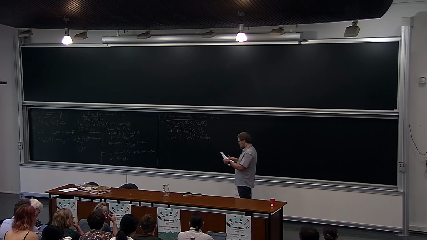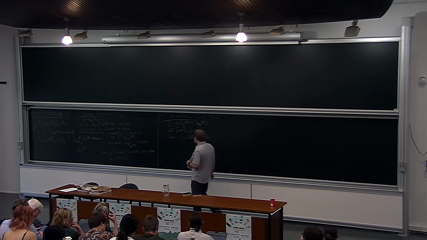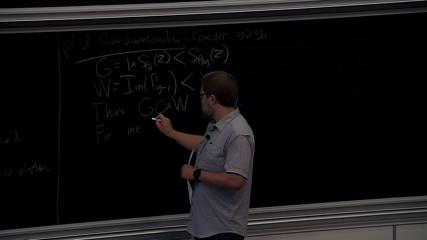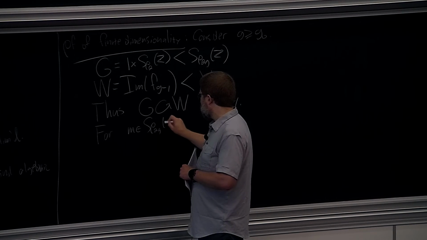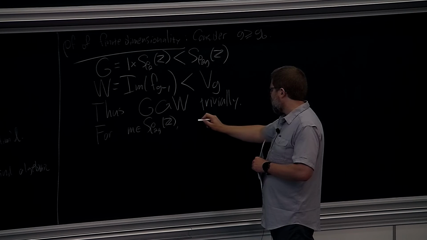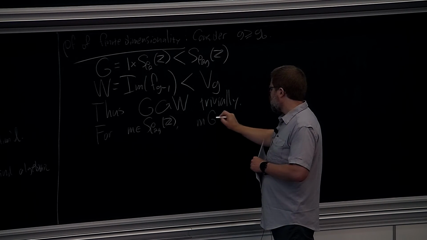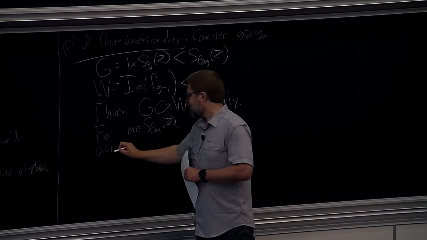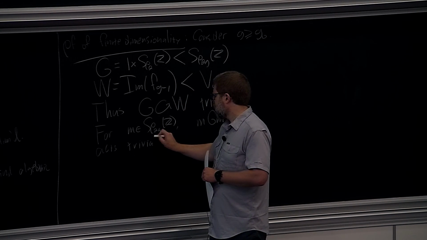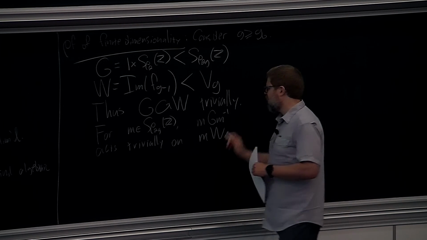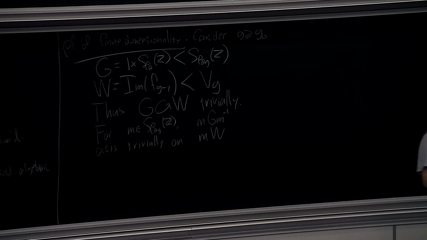So now I want to make an observation. For M inside Sp_2g(Z), of course, if we conjugate G, so we look at M G M inverse, this acts trivially on M times W, right? Because that's how conjugation works.